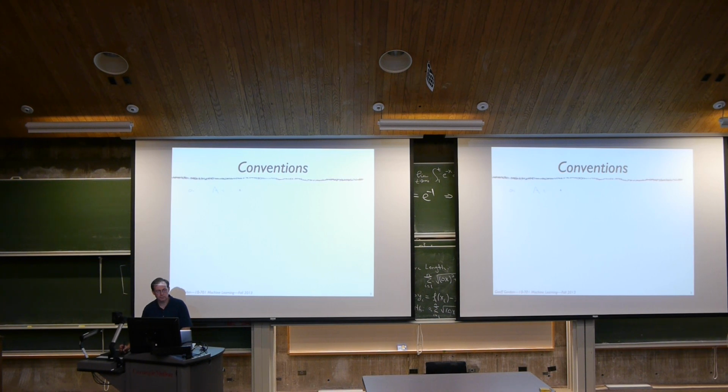Actually, let's write it as a set, because I'm not going to allow repeated elements. So A and not A, where by not A I mean the universe set difference A, so everything in the universe other than A.